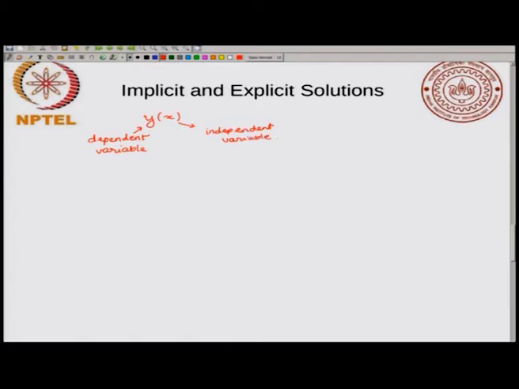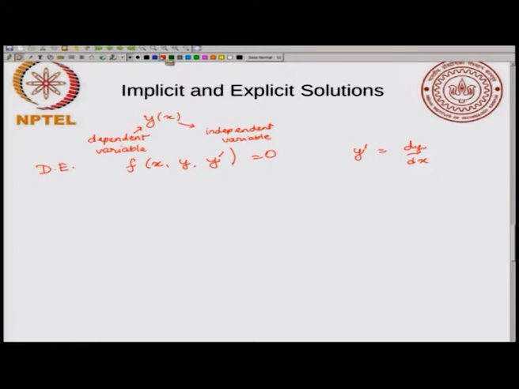And let us say my differential equation is f of x, y prime equal to 0, where y prime equals dy by dx. This was one of the ways we could write the differential equation. So, this is the differential equation that we consider.